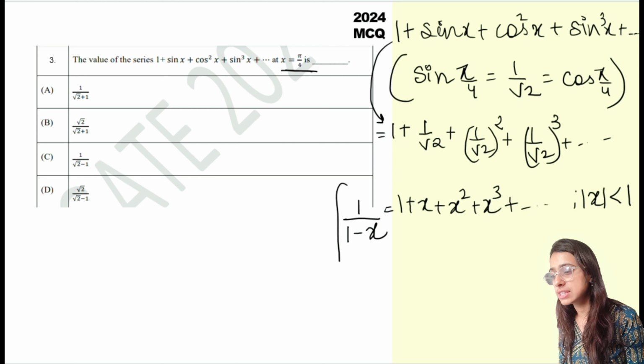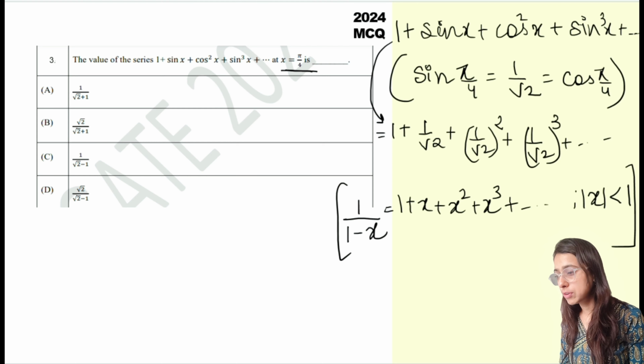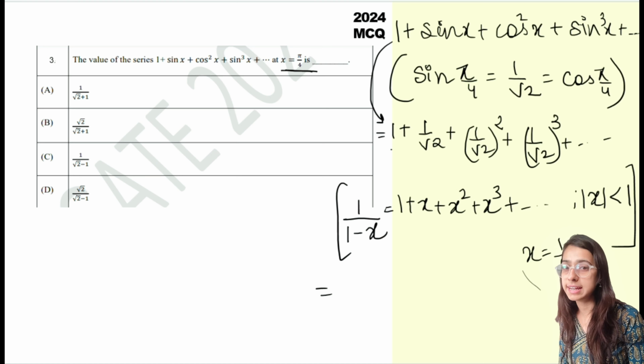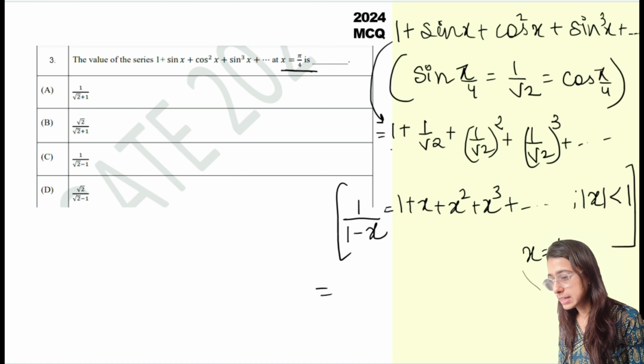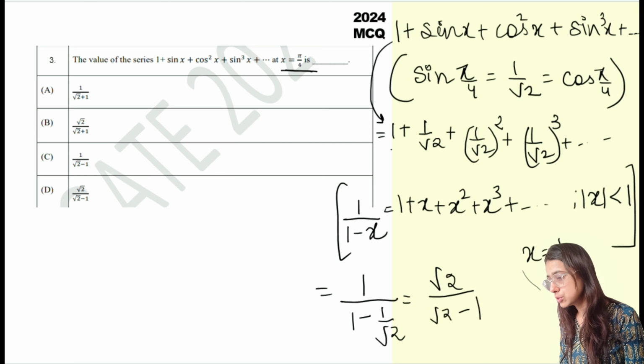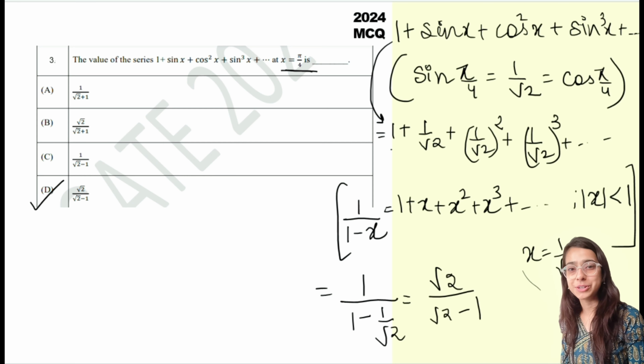So you have to remember this here. If we compare, we will get x is 1 by root 2 and of course its mod is strictly less than 1. So we will get our answer to be 1 upon 1 minus 1 by root 2, which will give us root 2 upon root 2 minus 1. So D is our correct option. Let's move forward to the next question.